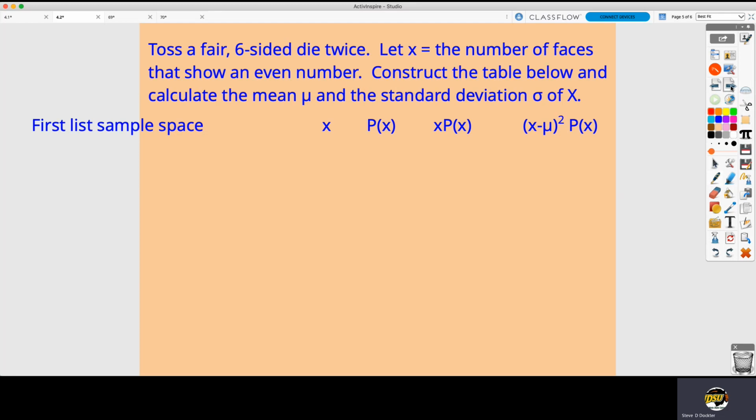Copy down this next situation, please. Now, this one is going to be a little bit different because we have two dice going at the same time.